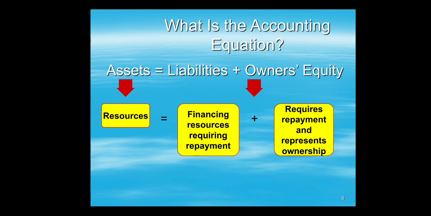Okay, the logic of this accounting equation is like this. If you go into a shop, everything that you can see is assets. For example, you enter a grocery shop.